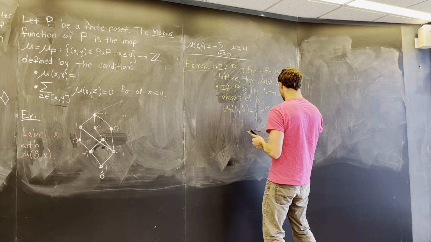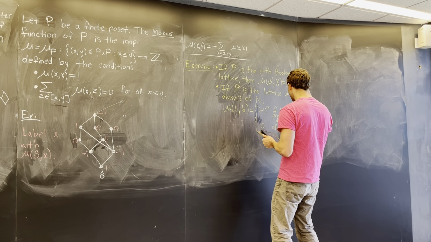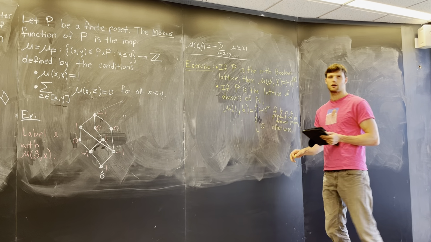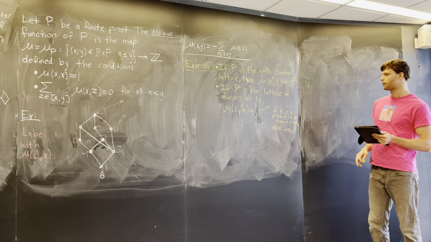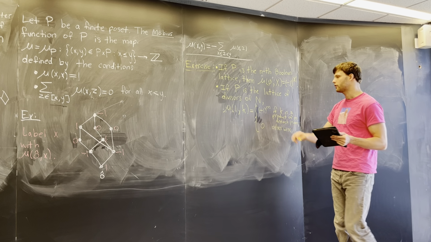So it's 0 if k has a repeated prime factor. And otherwise it's -1 to the number of primes.